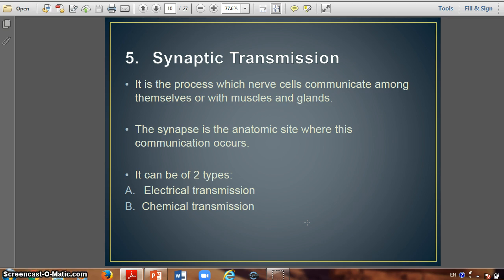These are the two theories for describing the function of synapse. Keep in mind, synaptic transmission is the way of communication between two nerve cells, or between a nerve cell and a muscle cell, or between a nerve cell and any gland.